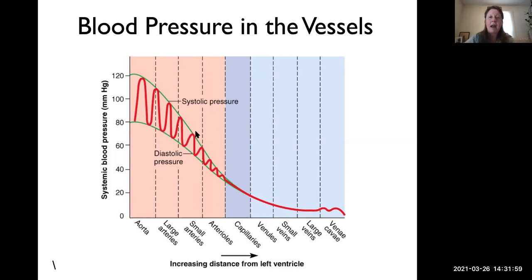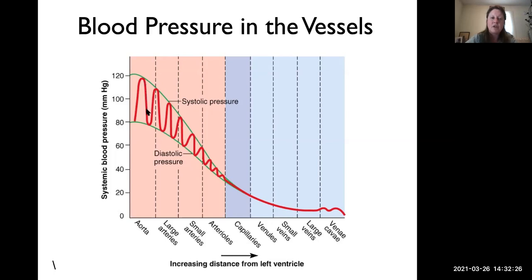Now, going back to the fact that blood pressure changes with contraction status. As the ventricles contract and the pressure increases in the arteries, remember that contraction is called systole. We call this high pressure systolic pressure. So it's the highest pressure in the systemic arteries, and it's occurring with ventricular contraction.